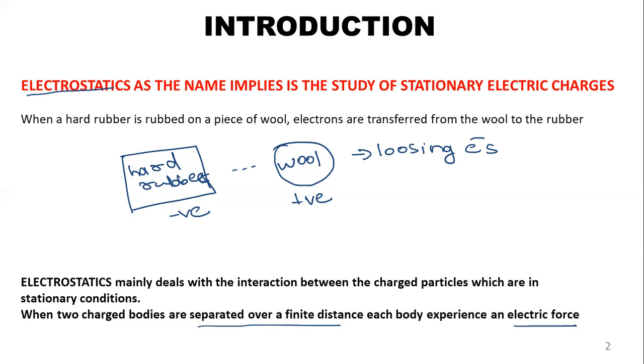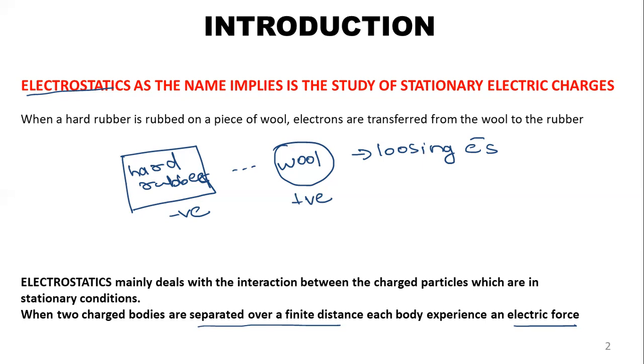But the fact is that the gravitational force can be neglected, as the mass is very small compared to the charge. Because in electrostatics, we study point charges, and point charge means the mass is very small compared to the magnitude of the charge. So we are talking only about the electrostatic force, and we are neglecting gravitational force here. That's just a concept which I want to share with you.